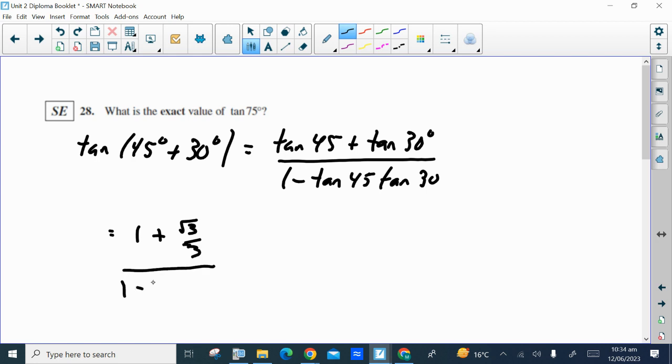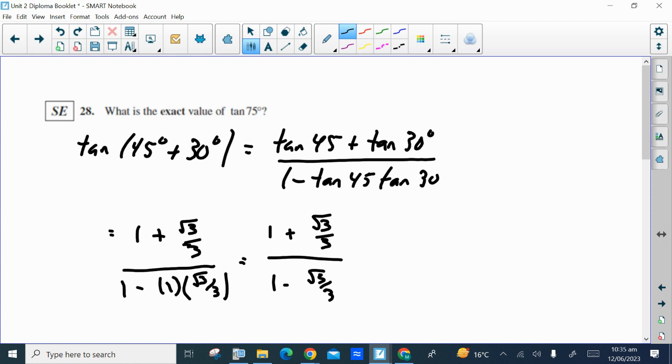All over 1 minus the product of 1 and root 3 over 3. So this gives us 1 plus root 3 over 3 all over 1 minus root 3 over 3.